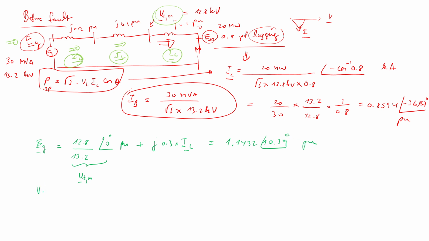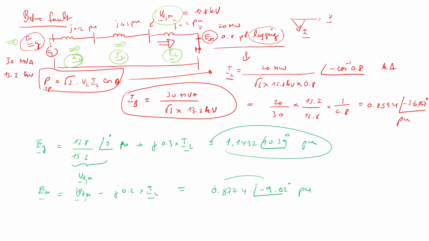And your EM is given by VTM minus j0.2 times IL, and this you would get 0.8774 with an angle of minus 9.02 pu, right?